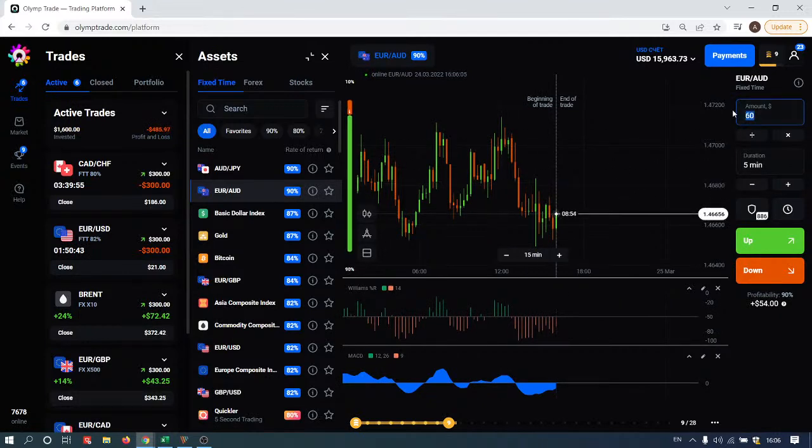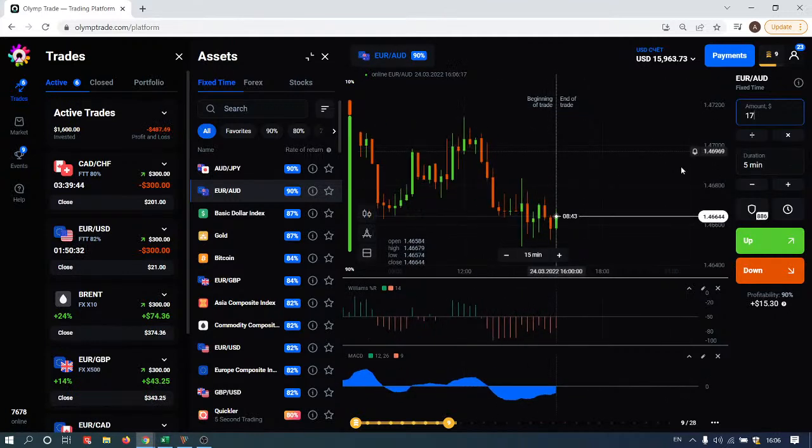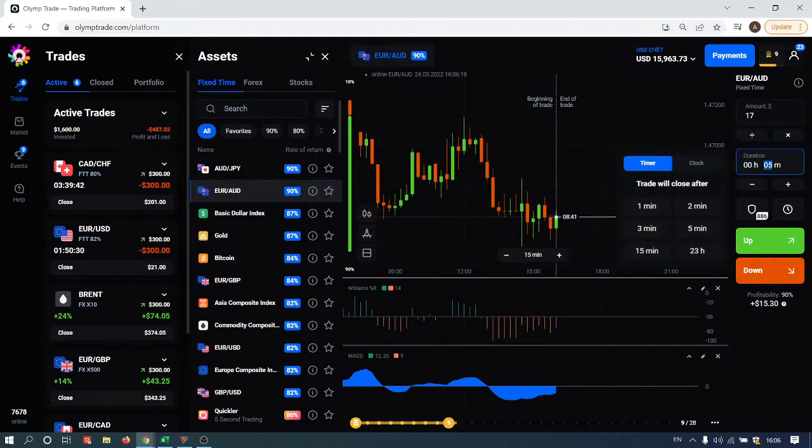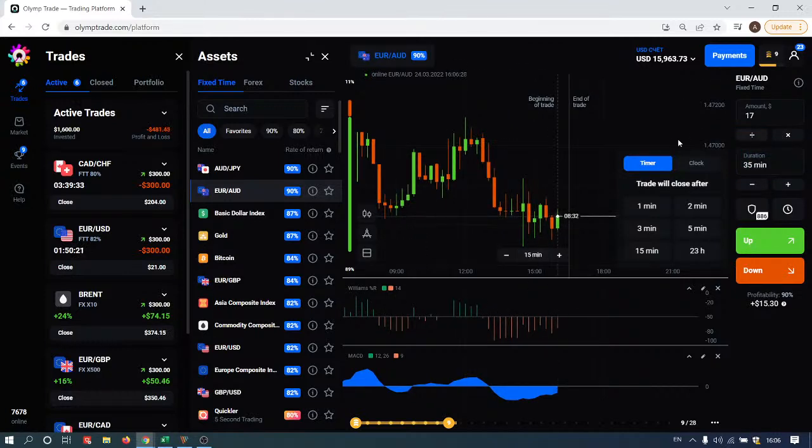I'm going to set just $15, which is more than enough for these strategies. Let it be 17, something that we can track back. We need to set the duration of these trades to 35 minutes, and the time frame of my candlesticks equals 15 minutes.